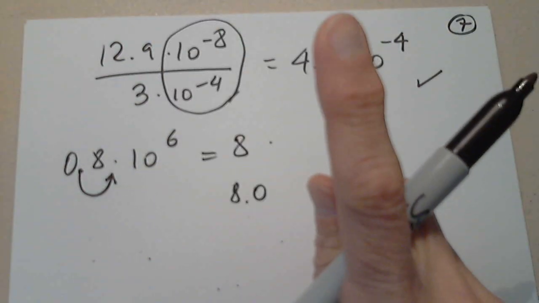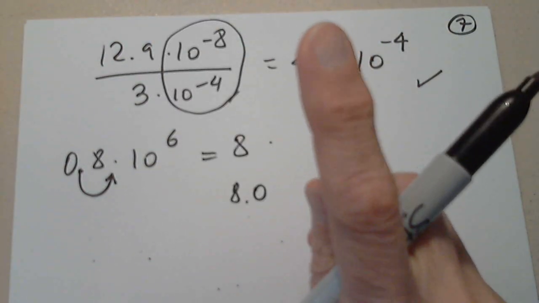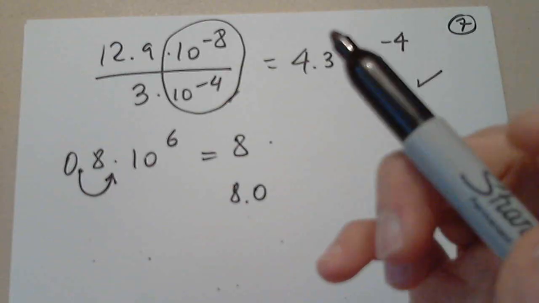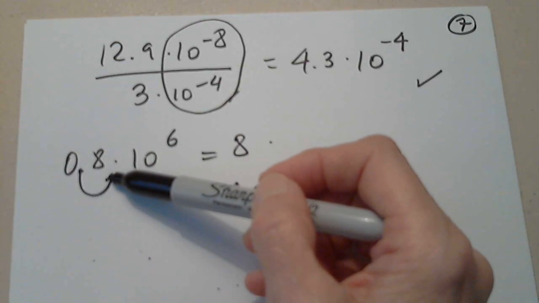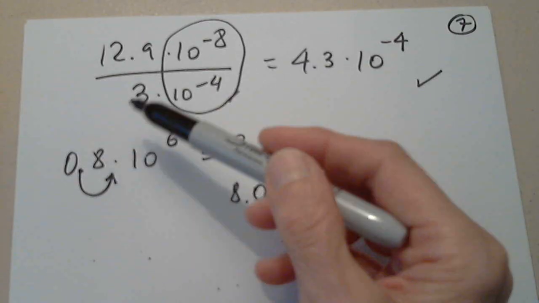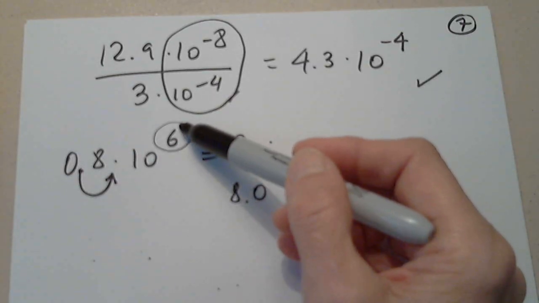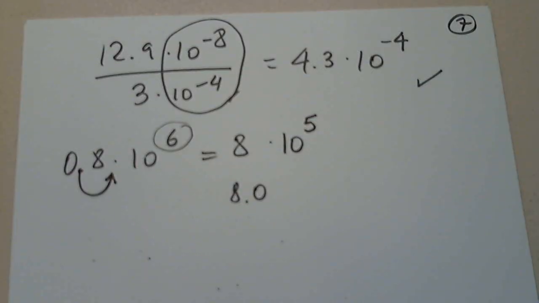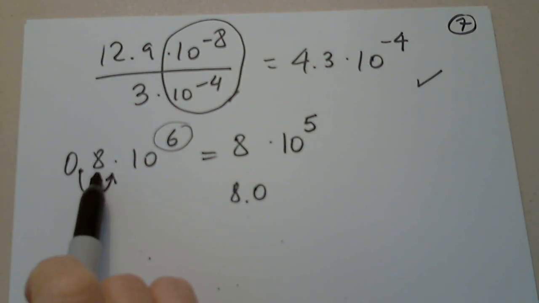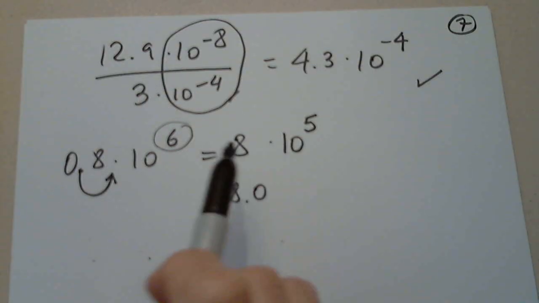But now, careful, because I increased the number, multiplying it basically by 10, so I have to reduce this by 1 digit. The number was 0.8.